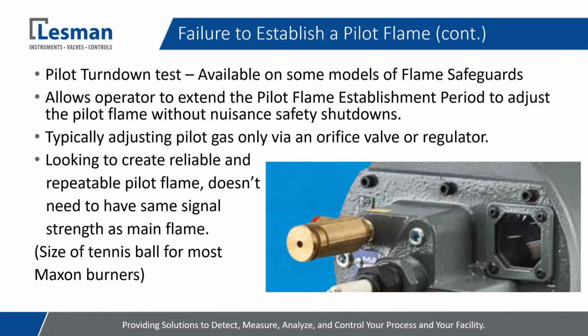On the Maxon burners, like their oven packs, I was always told that you want a pilot about the size of a tennis ball. But again, different burner designs may have a different flame shape and definition of a good flame.